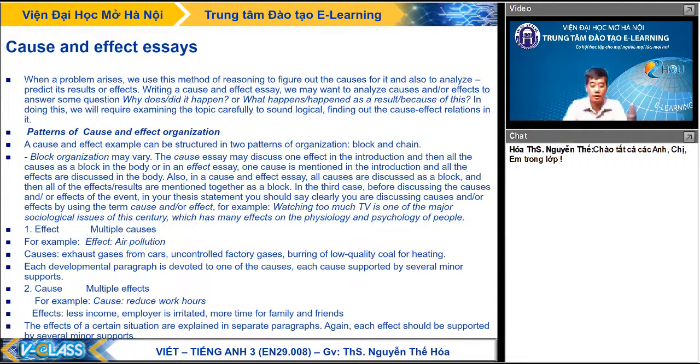Writing a cause and effect essay, we may want to analyze causes and effects to answer the question: why does it happen, or why did it happen, or what happens, or what happened as a result or because of this.